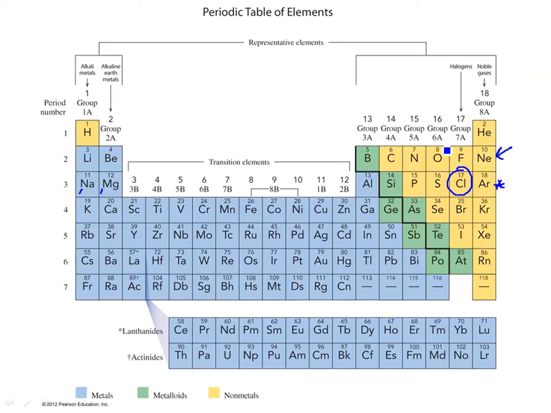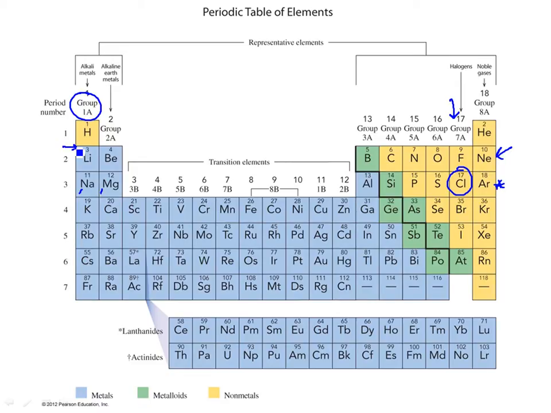If we look back at the periodic table, in group 1A, minus hydrogen, remember it's kind of lost on the periodic table. Sometimes you'll see it over here, and sometimes you'll see it moved over here, but it is a nonmetal.